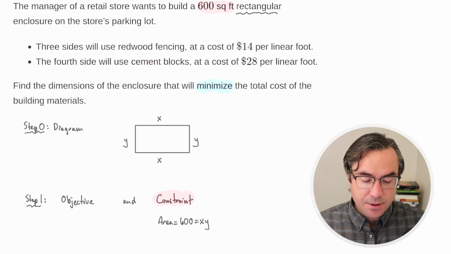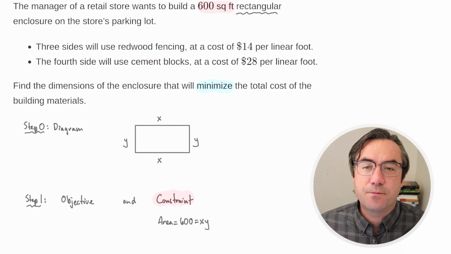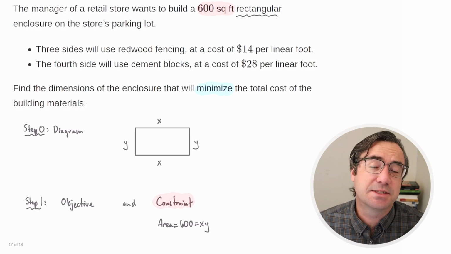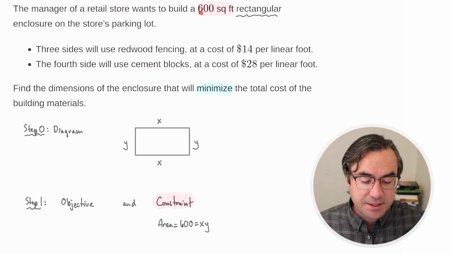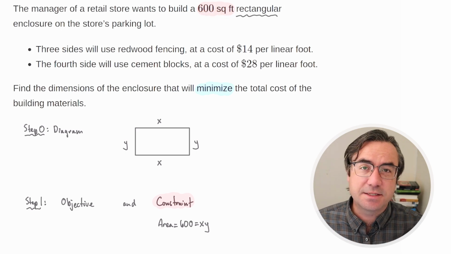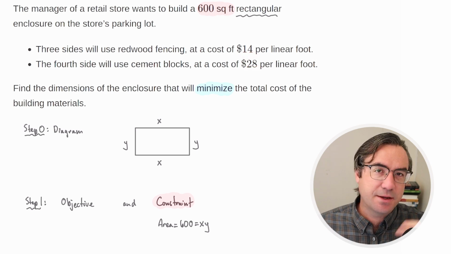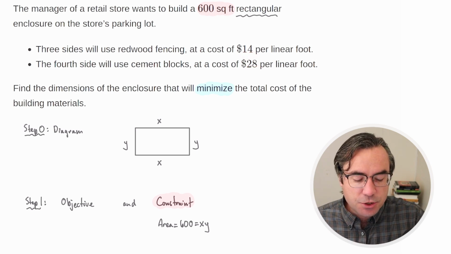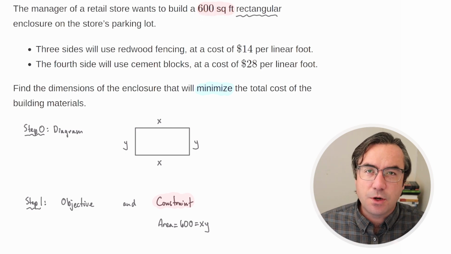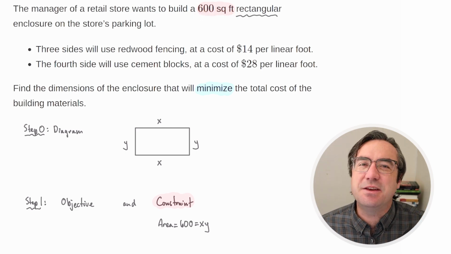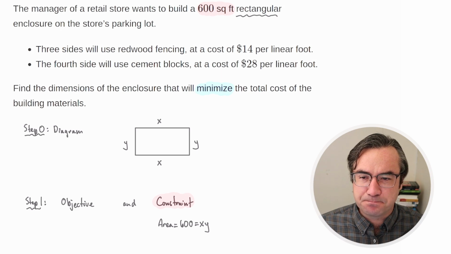And usually the constraint involves some constant. So in this case, we're seeing a constant here, and it's telling us what the area has to be. Now, we do see other constants, so we can't just pick any constant, but usually one of the constants is a key to what the constraint is going to be.